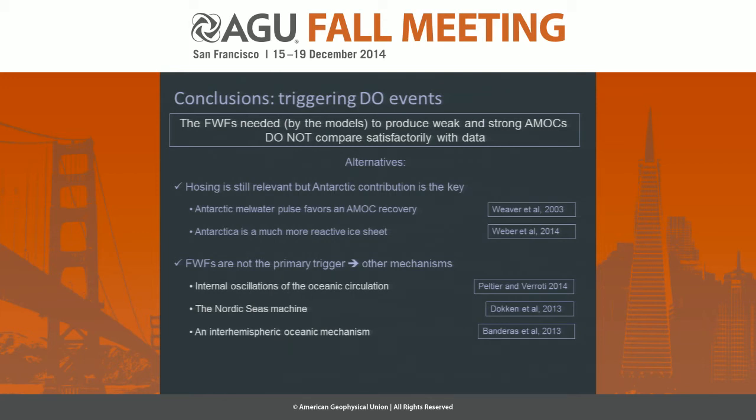I'm just pointing out a few of them here. But what I wanted to remind is that we shouldn't forget this point, because otherwise we could give a false impression of understanding the system, whereas we perhaps should focus more on these alternatives. And I believe we will hear a lot of these alternatives in this session. So thank you.